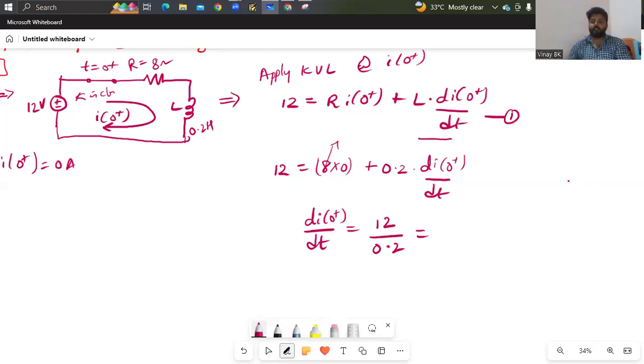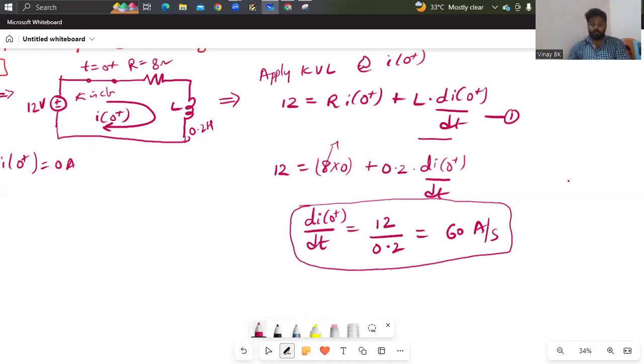You'll get the derivative of current as 60, and the unit is ampere per second. This is di of 0 plus divided by dt. If you want, you can take a screenshot. And what is the value of I of 0 plus? I of 0 plus is 0 ampere. Now we got the first derivative, di of 0 plus divided by dt.